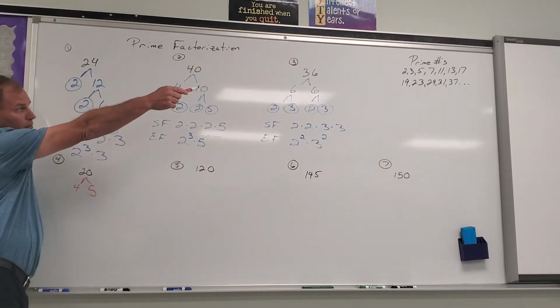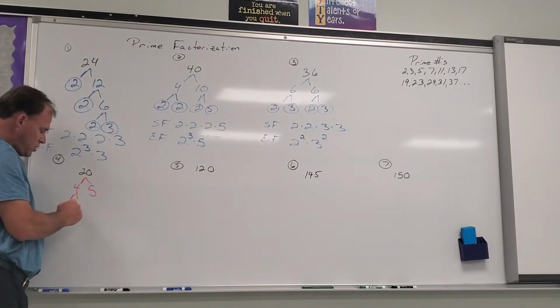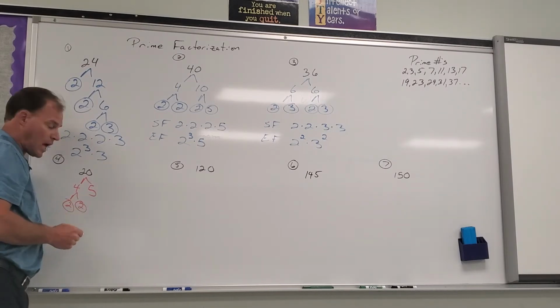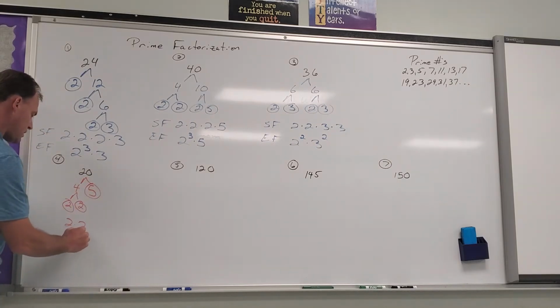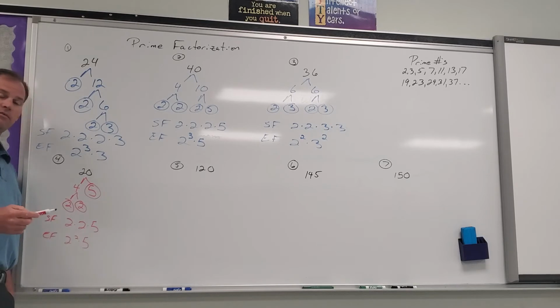Is 4 a prime number? Nope. 2 times 2, those are definitely prime numbers. We've seen them a lot. 5, we've seen that. So 2 times 2 times 5. My exponential, 2 squared times 5.